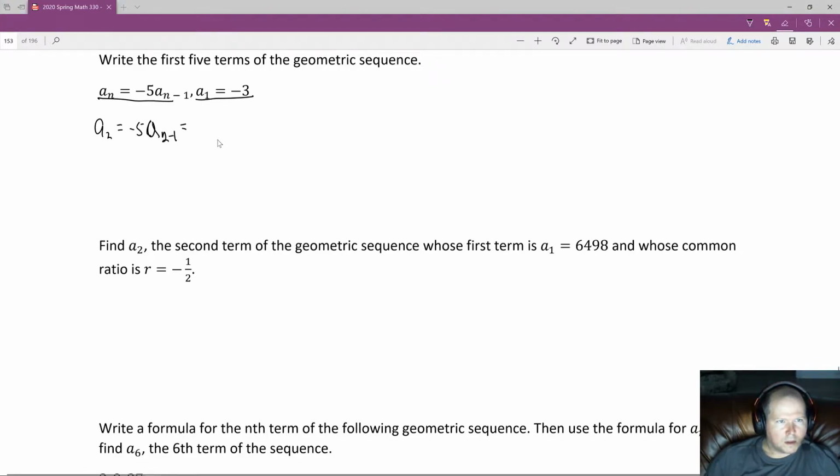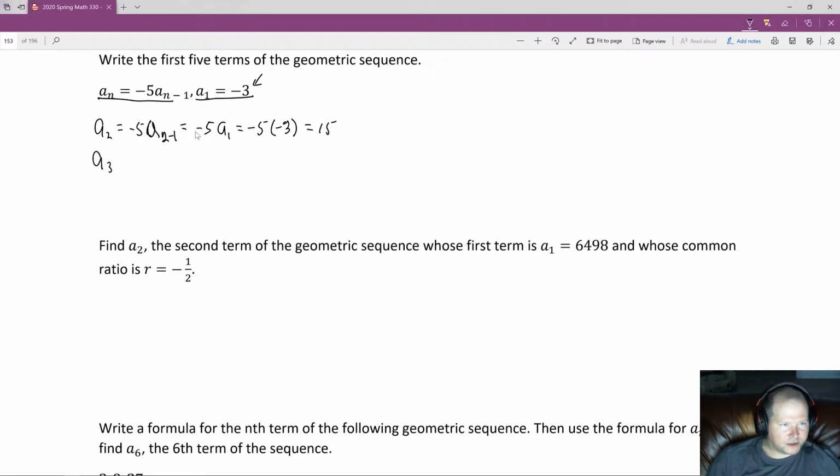So you're going to have negative 5, and 2 minus 1 is 1, so that's the first one. So we end up with negative 5 times the first one in the sequence, which is this negative 3 right there. So we have negative 5 times negative 3, which is positive 15.